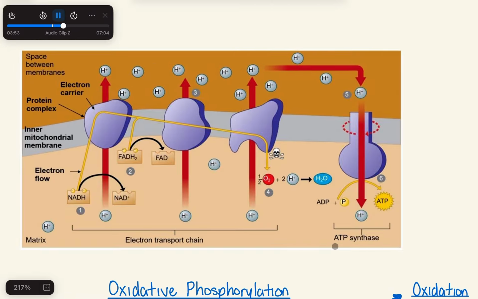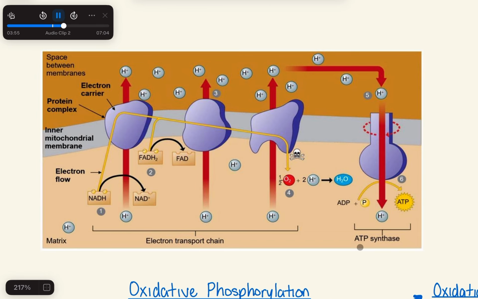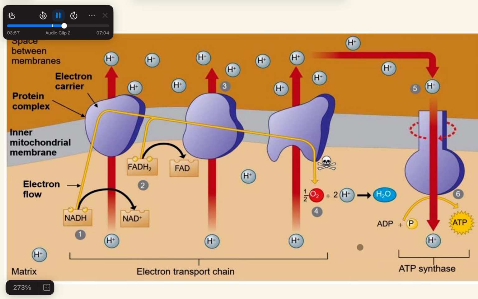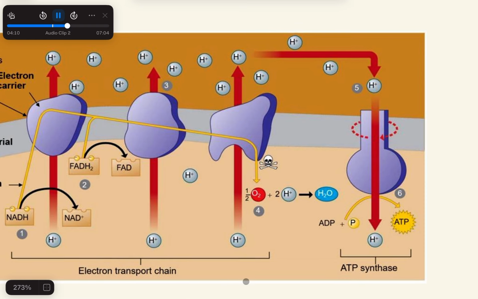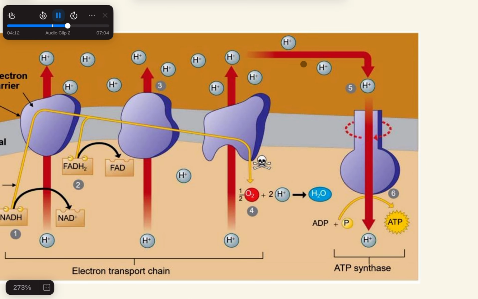And the electron flow will help the hydrogen protons move across the inner mitochondrial membrane. And since there is a difference between the gradients, they will want to come back, obviously. And the way that they come back is through the ATP synthase.